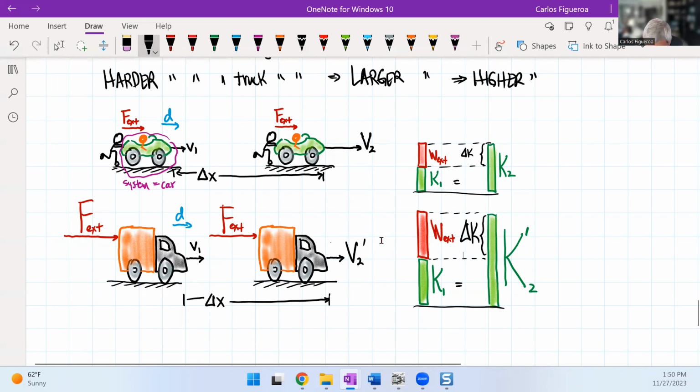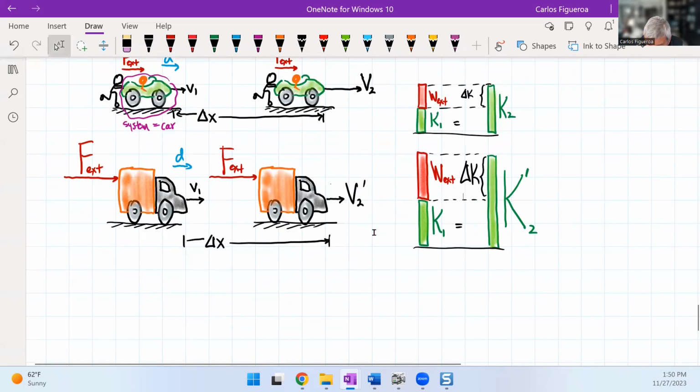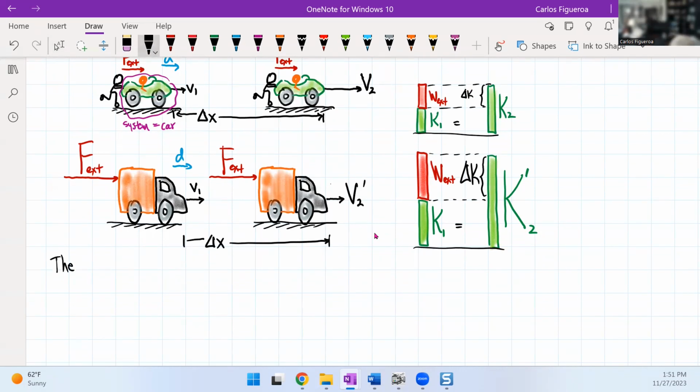So once again, we have the same picture as before. In the language of the work energy theorem, we then say that the car had a small external work.